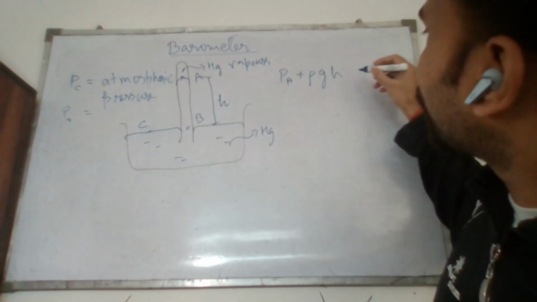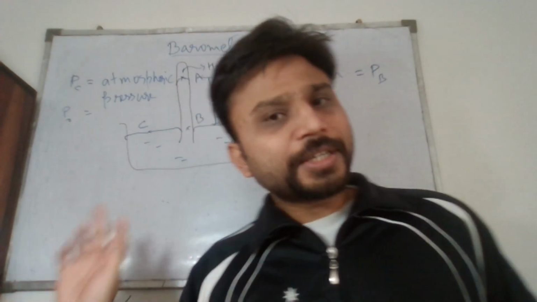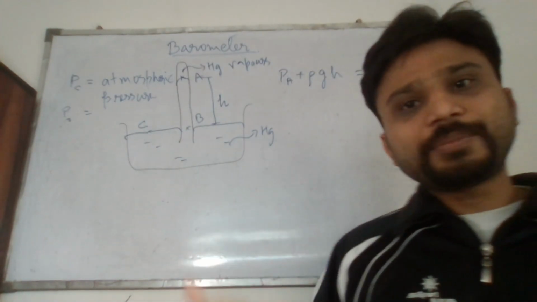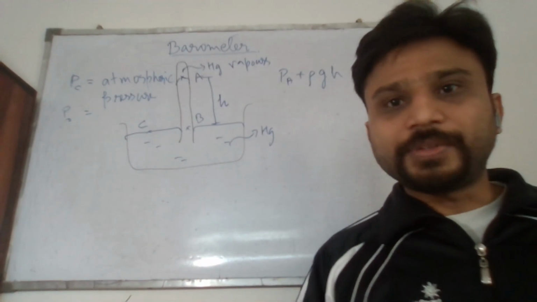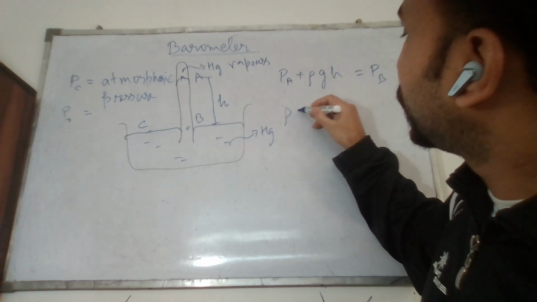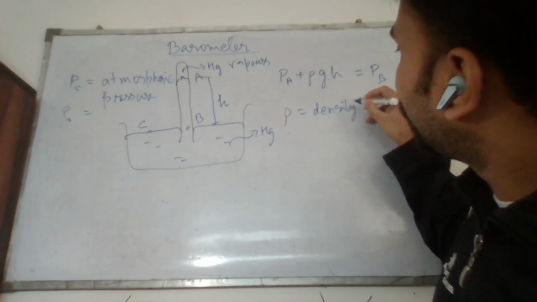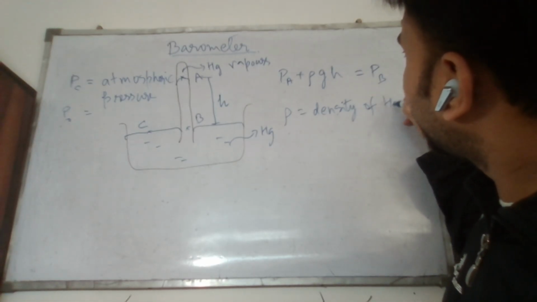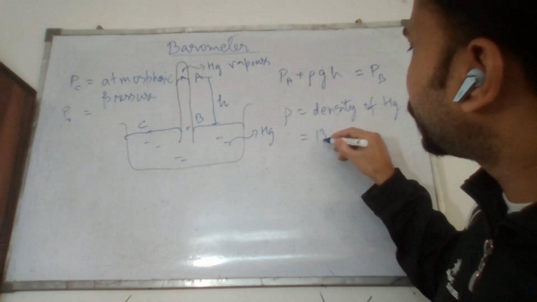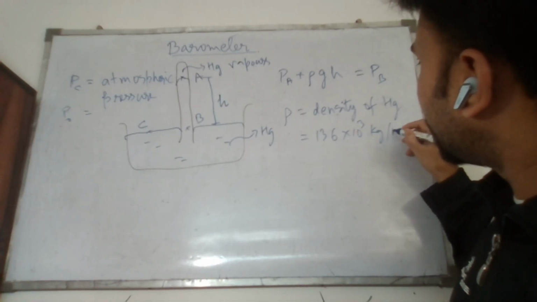This will be equal to the pressure at point B. This is the equation we have learned, pressure at a depth h in a fluid, and the same equation we can apply here. Here we have to note rho is the density of mercury, and its value is about 13.6 into 10 to the power 3 kg per meter cube.